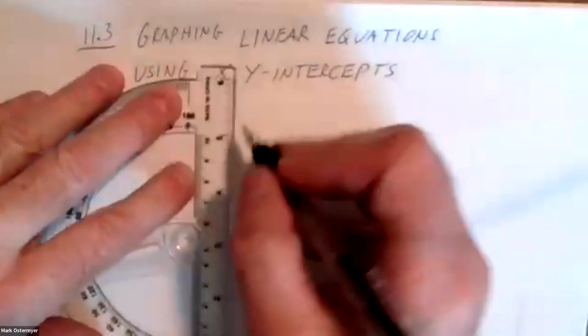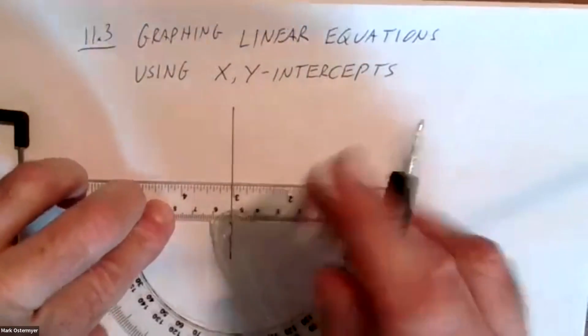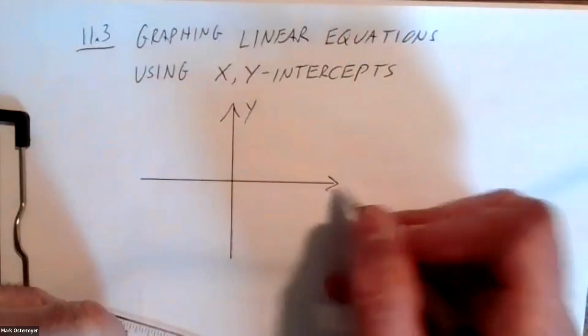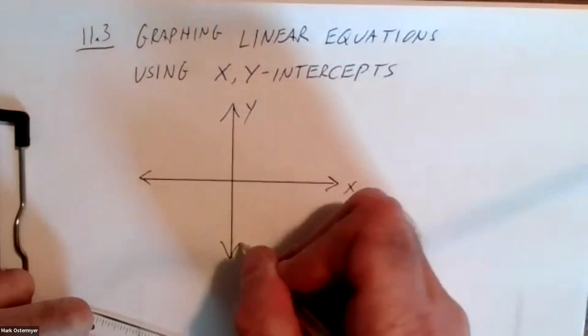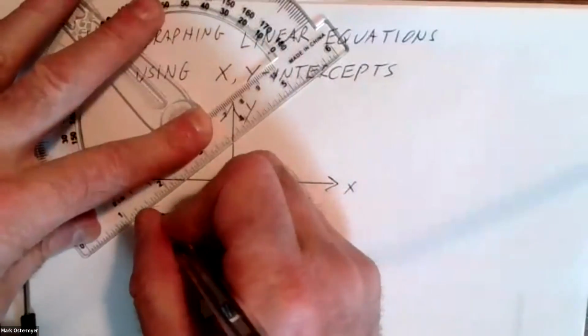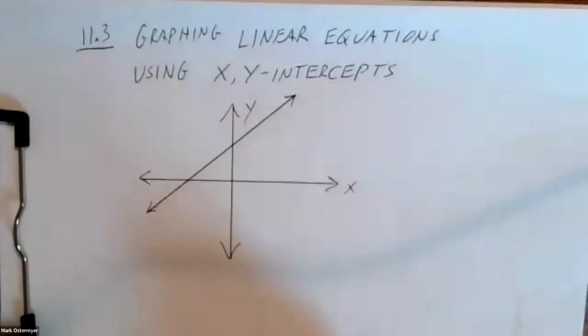All right. What are these things called X and Y intercepts? Well, suppose I have a linear equation and I graph it in the XY plane, and suppose that my line graph looks something like this.